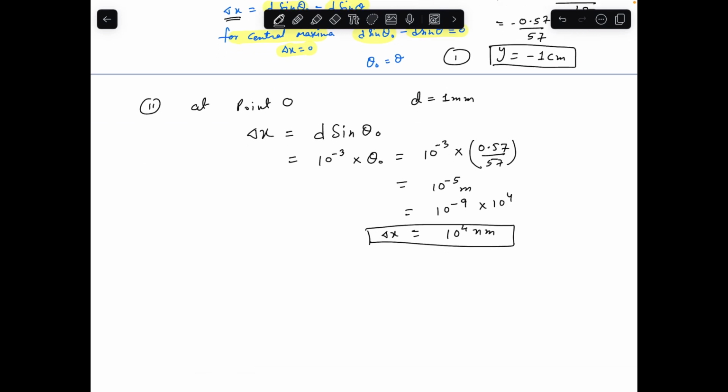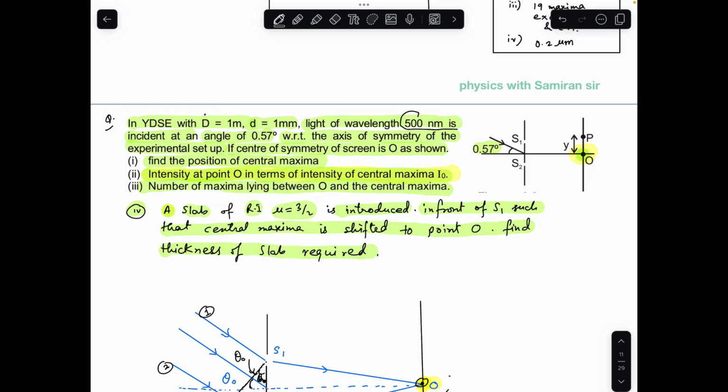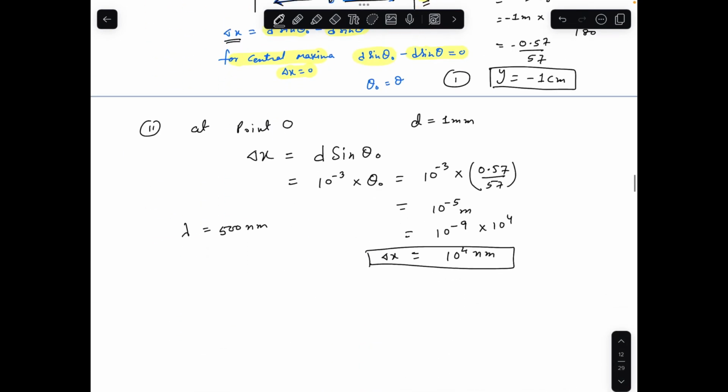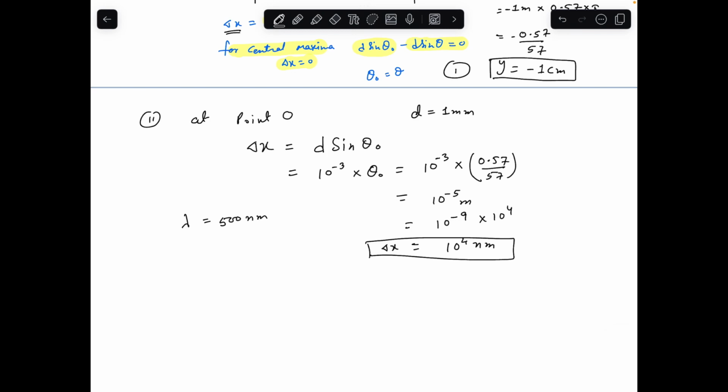Okay, so what is lambda? Lambda they have given 500 nanometer. So when lambda is 500 nanometer, n lambda is equal to 10 to the power 4 nanometer. So from here, n lambda is 500 into 10 to the power minus 9, that is equal to 10 to the power 4 into 10 to the power minus 9.